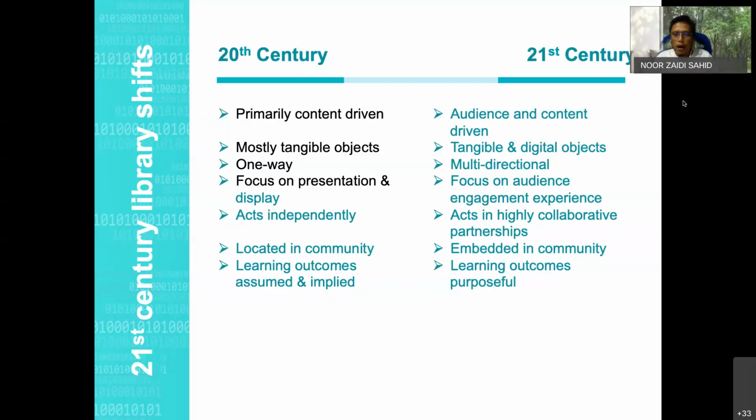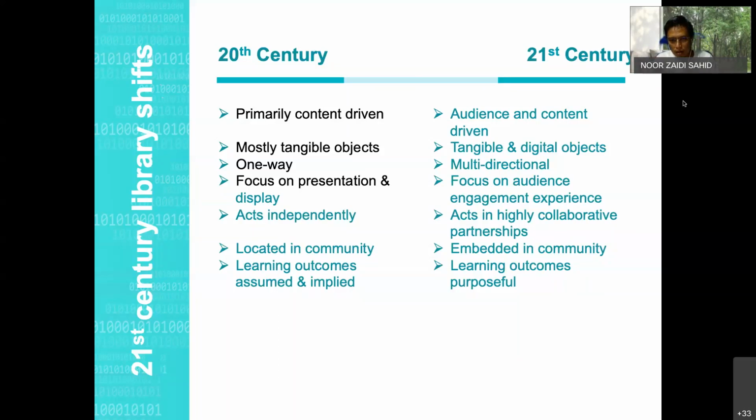Okay, and then multi-directional services, bukan sahaja daripada library or the librarian or the information professional, but the user may also suggest or contribute to the developments of the library collections and the library itself. And it focuses on audience engagements, experience.